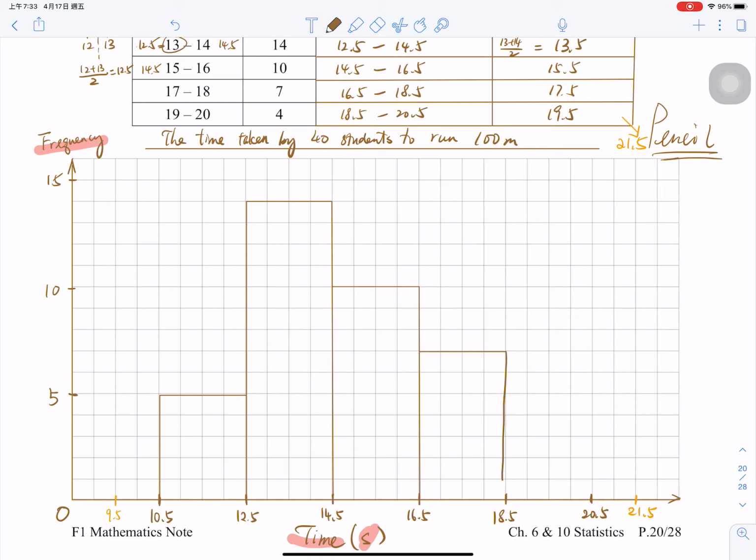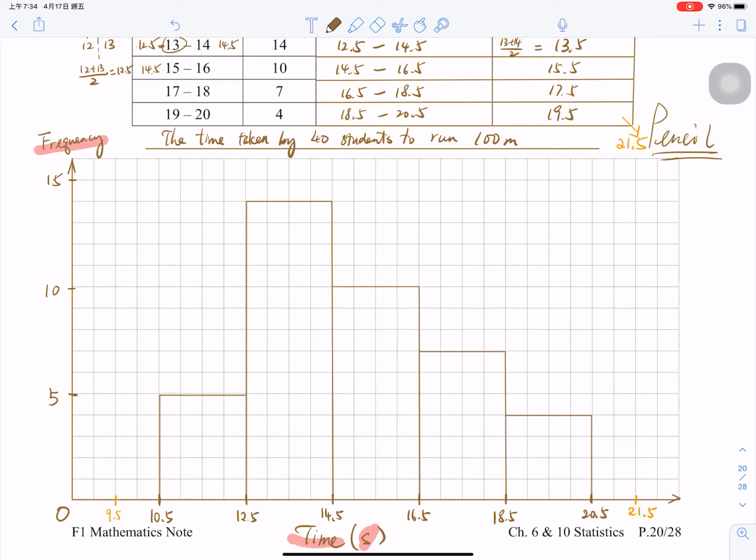Okay, and draw back. Yes. The last class, frequency is 4. 18.5 to 20.5. So let's see. 4 units. Okay. See? Not difficult, right?